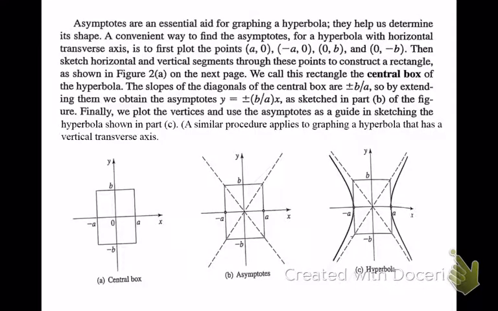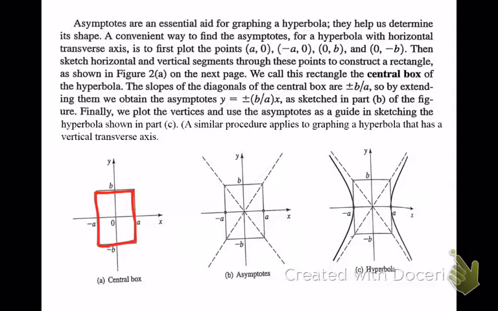Asymptotes are an essential aid for graphing a hyperbola to help us determine its shape. A convenient way to find asymptotes for a hyperbola with a horizontal axis is to first plot the points A,0 and negative A,0, 0,B and 0,negative B. Then sketch the horizontal and vertical segments through these points to construct a rectangle. As you can see here, you construct this rectangle.